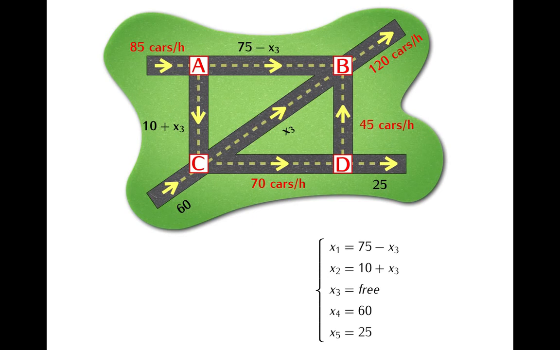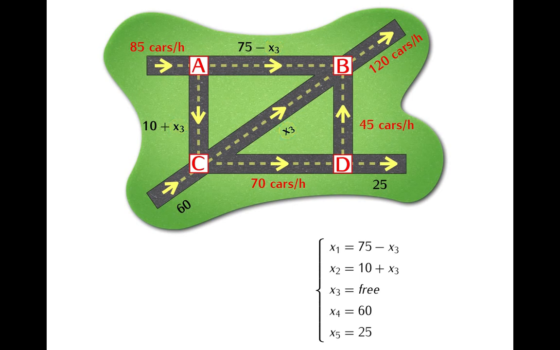We obtained that there are 60 cars per hour entering the intersection C from the outside, and that there are 25 cars per hour leaving the network through the intersection D. As you can also see, we did not determine completely traffic flow on all the streets, since there is still one variable, x3, the value of which is undetermined.